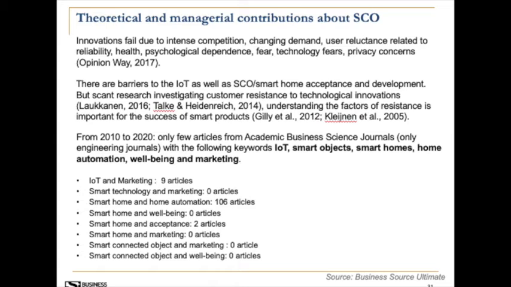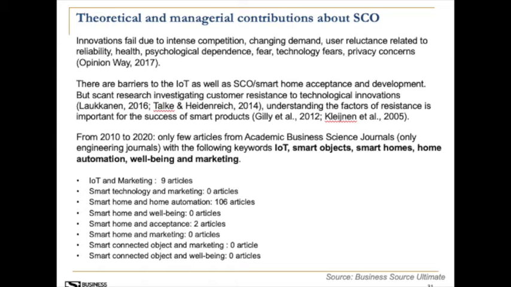Innovations fail due to intense competition, changing demand, user reluctance related to reliability, health, psychological dependence, fear, technology fears, privacy concerns. There are barriers to the IoT as well as smart connected objects or smart home acceptance and development, but scant research investigating customer resistance to technology innovations exists, and so understanding the factors of resistance is important.